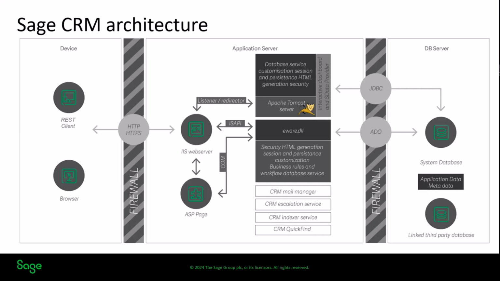The main server is an IIS API extension, which is then communicating with the database, building an interface based on metadata definitions held within the system database, combined with the application data, which together produces the screen, which is then returned to the user.